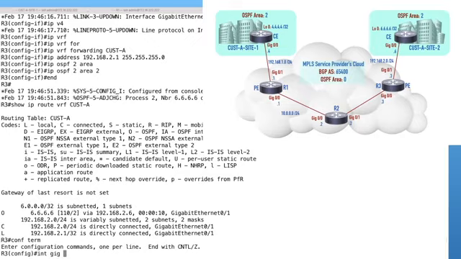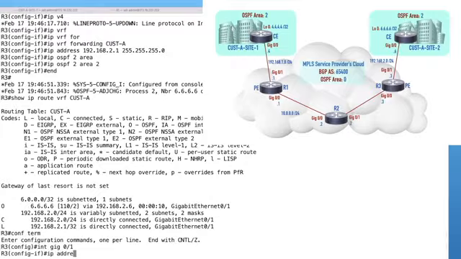Interface gigabit 0/1. IP address is 192.168.2.3, and again, that's with a 24-bit subnet mask.